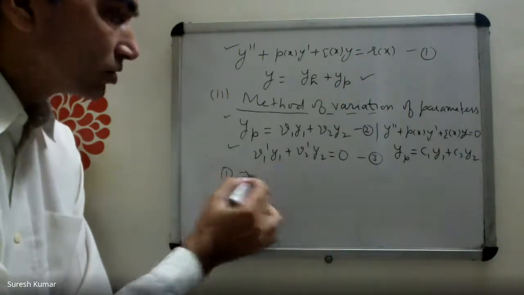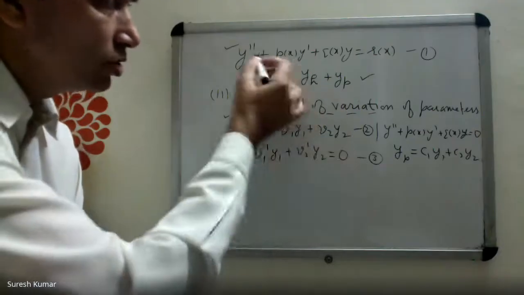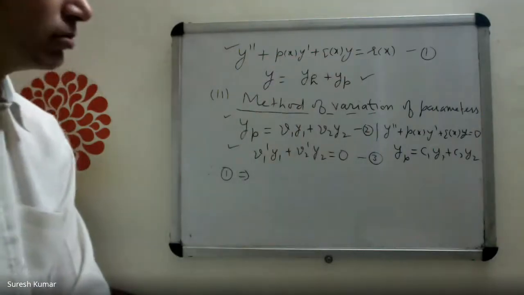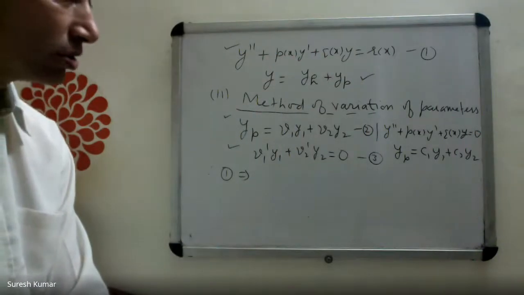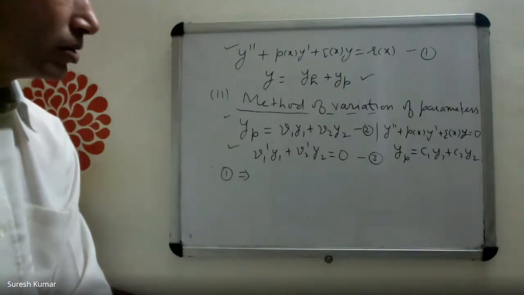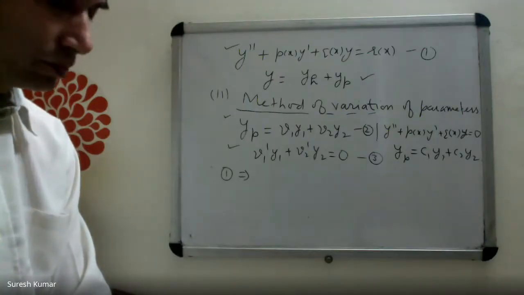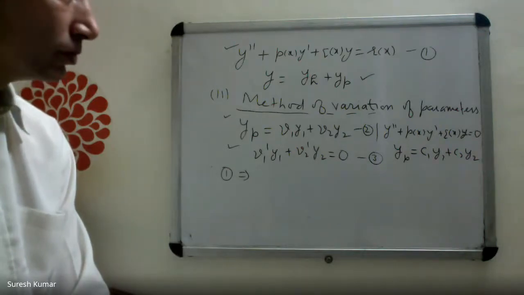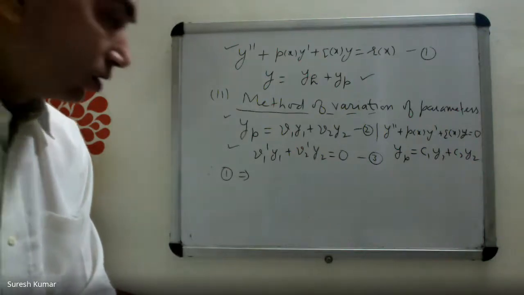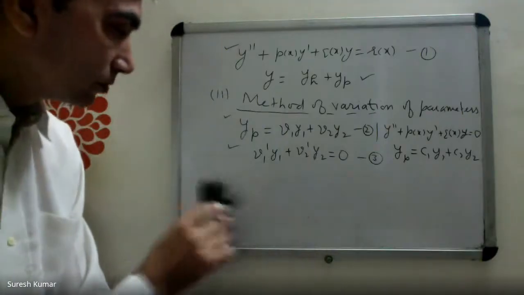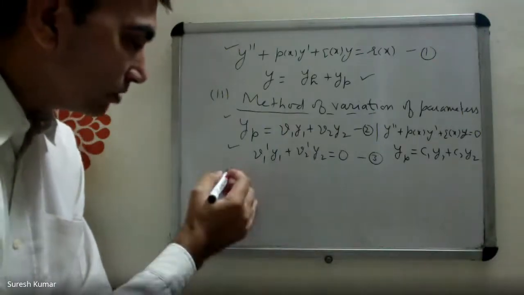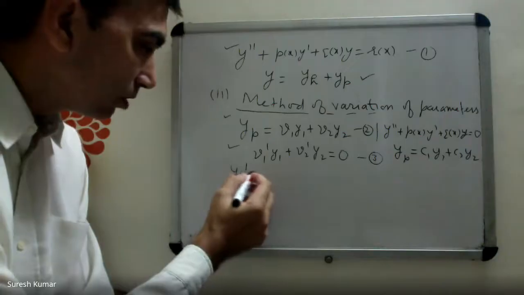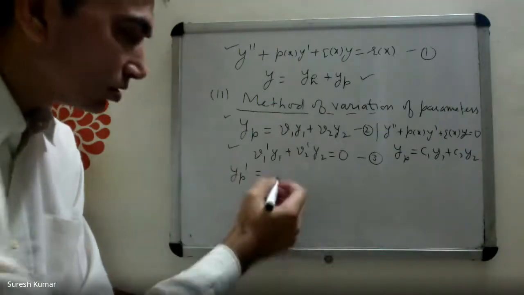Substitute yp into 1 in place of y and do some calculations, and see what you get. Or you can do one thing: calculate these separately, meaning yp' and yp'', then do the calculations. It's up to you.